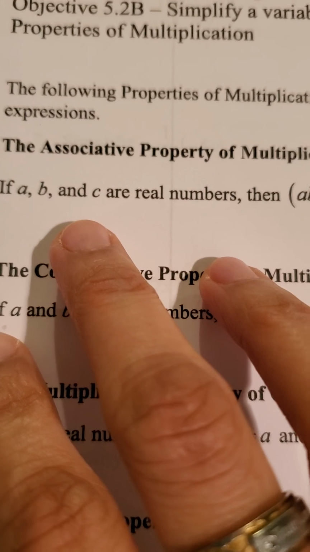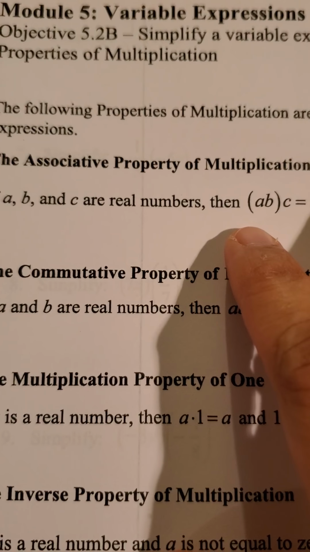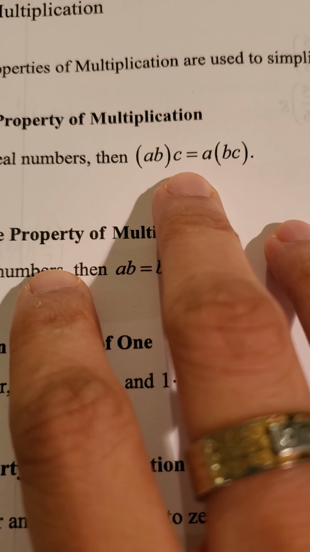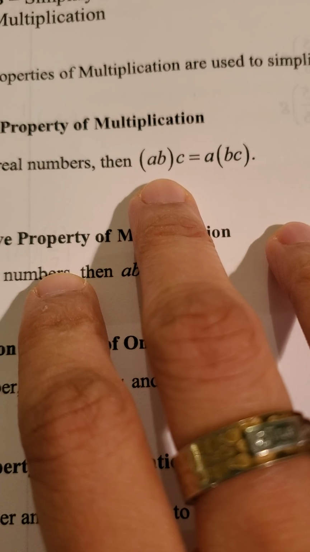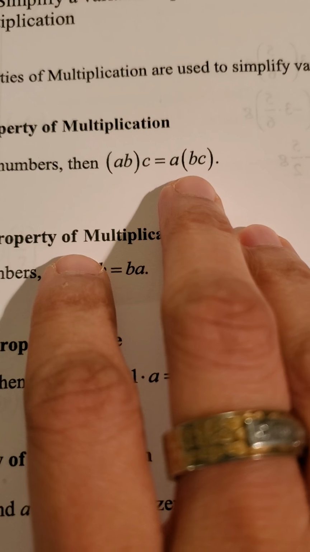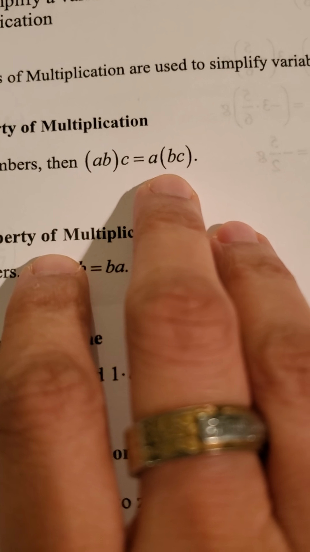So here's one of the first properties, called the associative property, which is basically saying if you have three factors, A, B times C, no matter how you group them, it's gonna be the same solution.